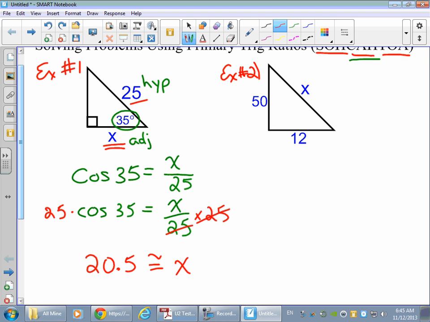Looking at this, now, I put this example up to make a point. It looks to me, when I see this diagram, if I didn't see the actual numbers that were in there, this diagram looks like an isosceles triangle. There's no indication of that.